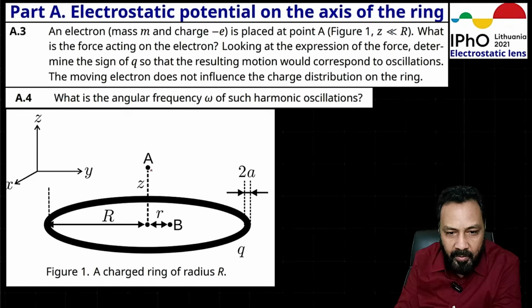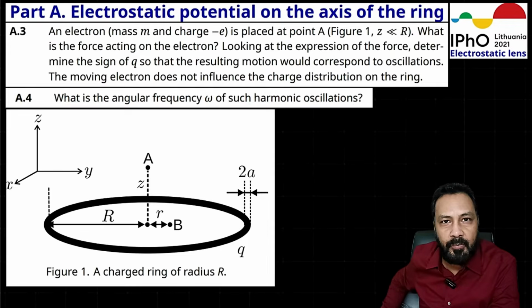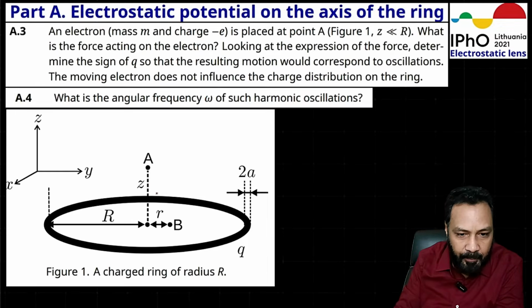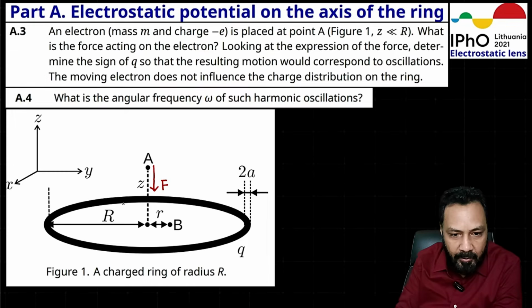If we want the oscillation, the force should be restoring, so the force on the electron should be towards the center. So if we can have a charge such that the net force acting here is like this, only then it can oscillate. And for that to happen, we are putting a charge minus q here.